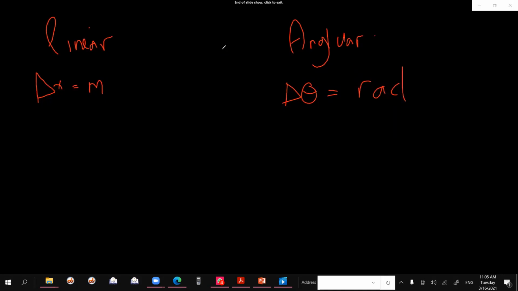Next, a term you need to be familiar with is angular velocity. Just as we have linear velocity, we have angular velocity. Angular velocity tells you how fast an object is spinning in a circle.